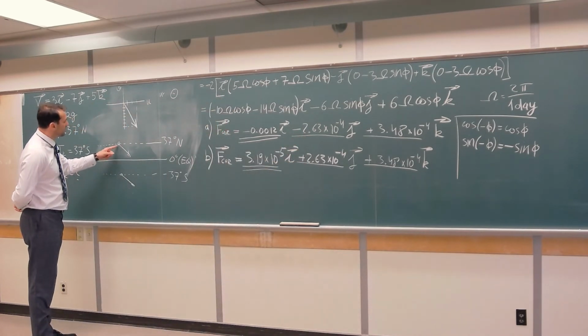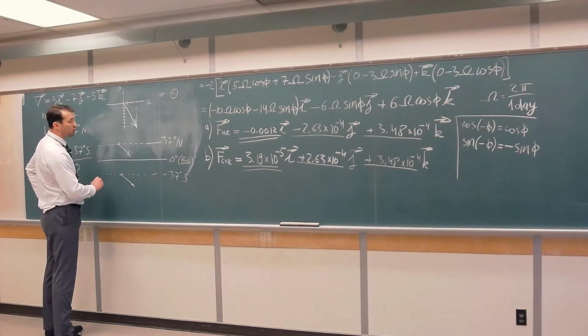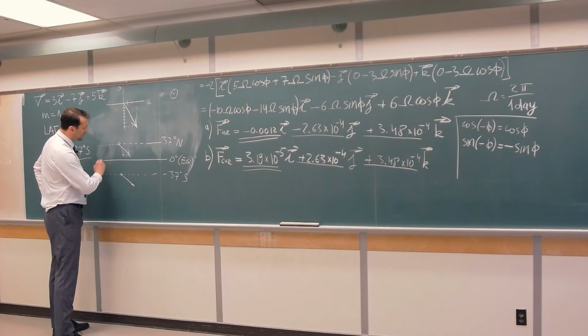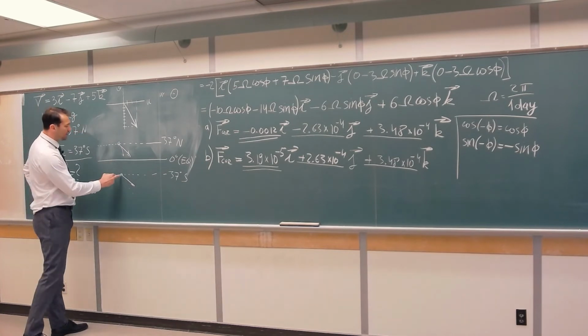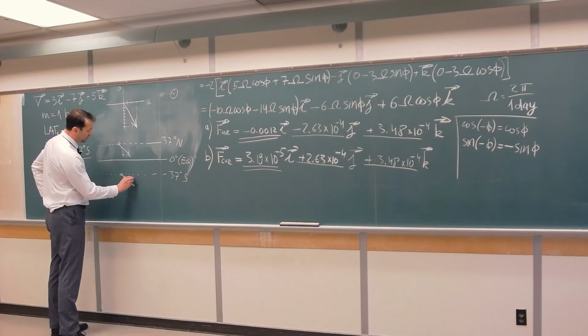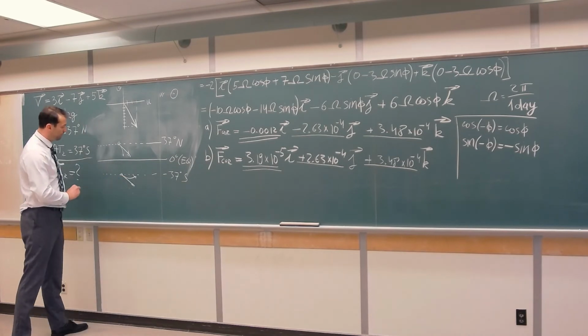We see here in the Northern Hemisphere, deviation will be towards the right. And towards the right means like this, with respect to the original motion. In the Southern Hemisphere, I demonstrated that in previous videos, deviation will be towards the left, like so.